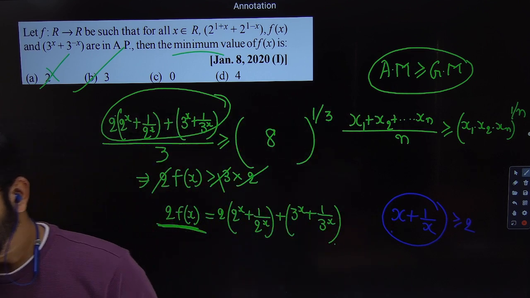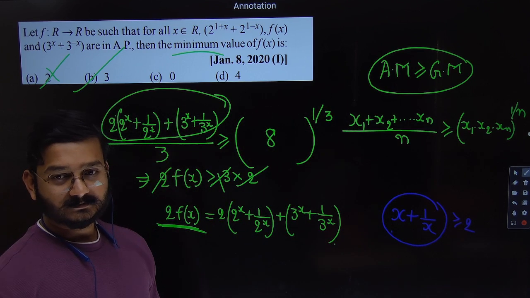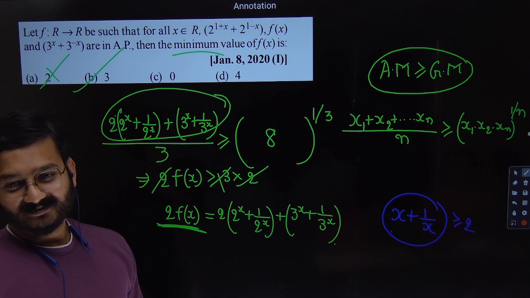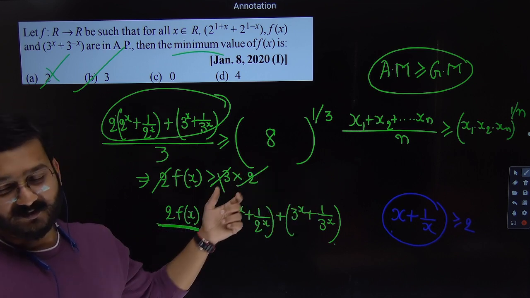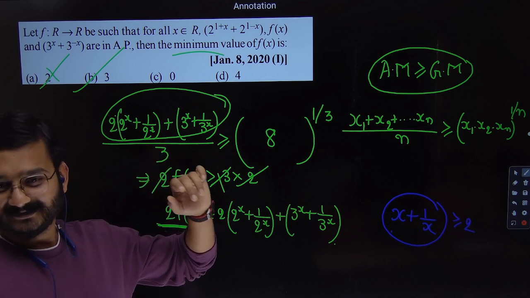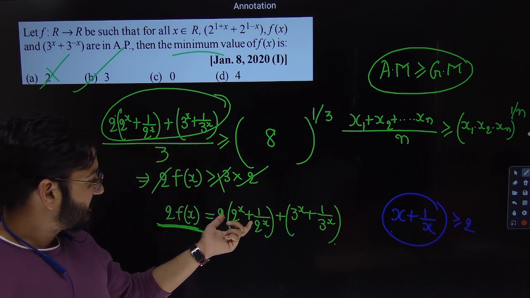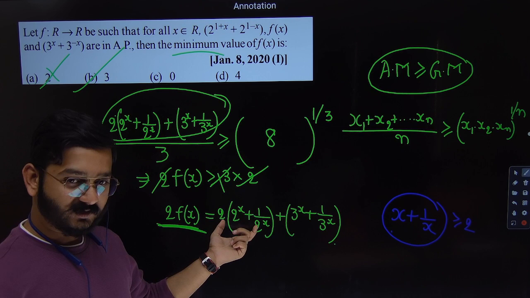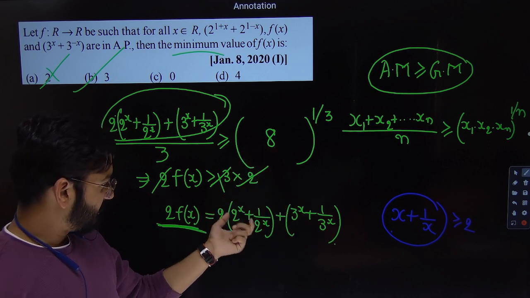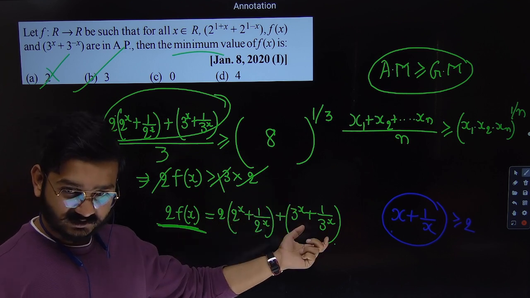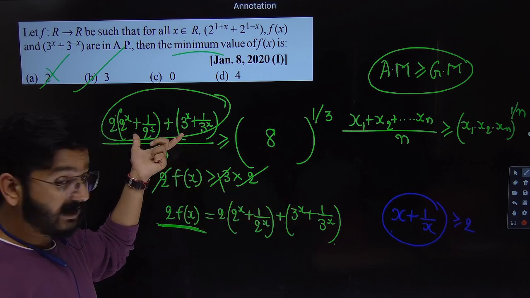Any other doubt? When I was explaining that 2 into 2 into 2, everyone said yes. After that, what is the doubt? See, this term will be multiplied 2 times. This will be multiplied 1 time. So inside the root, you will have this into this into this. You're finding the minimum value of this.